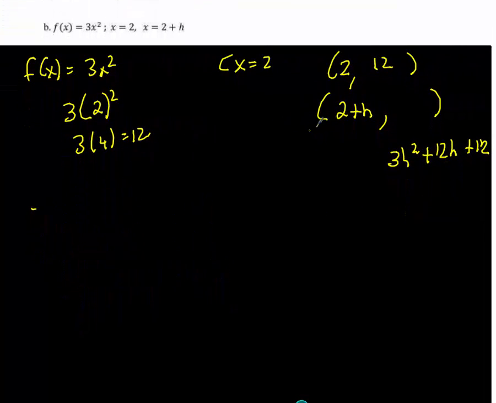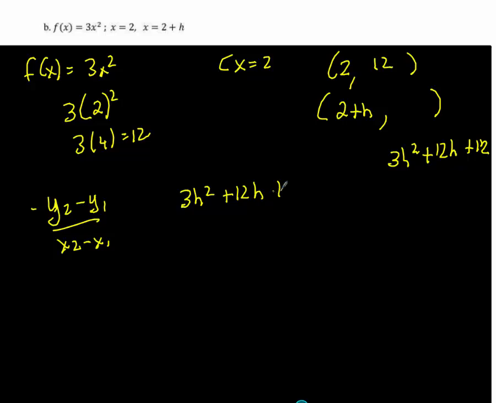All right, so now I have my y2, y1, my x2, x1, and so I can plug into my slope formula, right? y2 minus y1 over x2 minus x1. And so I can take, well, that would be 3h squared plus 12h plus 12 minus 12 all over 2 plus h minus 2. And so what does this actually look like?